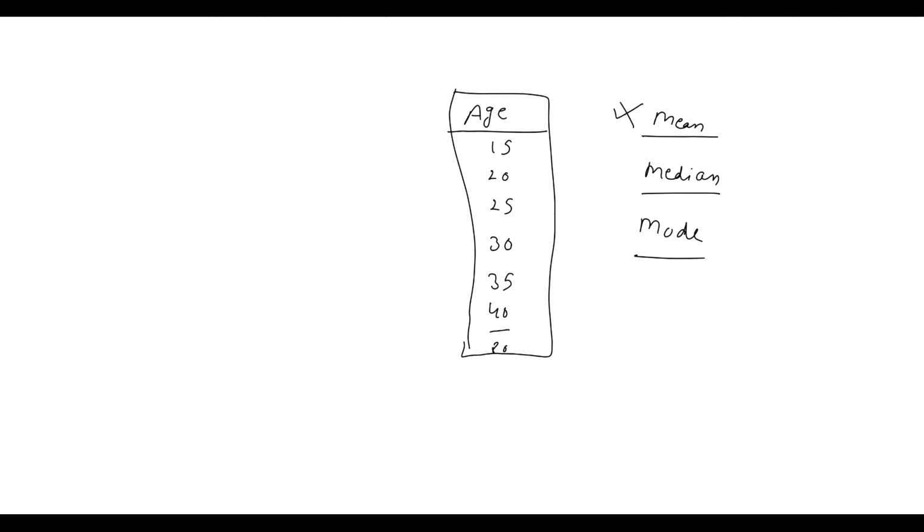As I explained a few minutes ago, if there is some value in your data which is very far away from your mean value or other data points, because 80 is not close to 40, 35, 30, 25, and you want to fill this missing value, then you should go with the median.